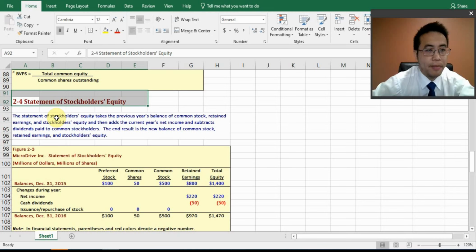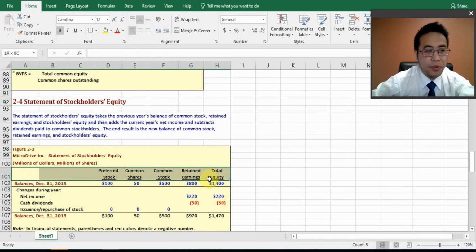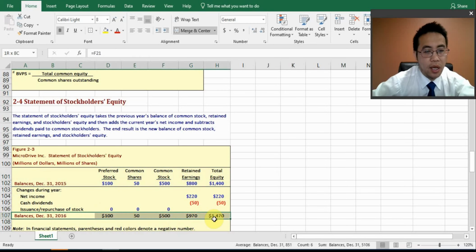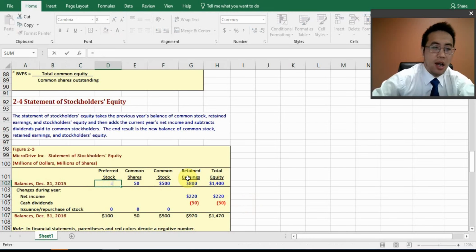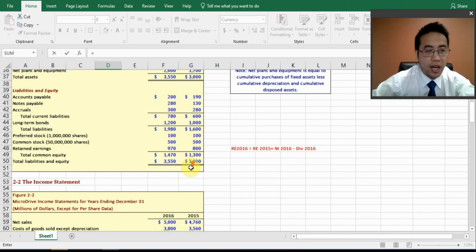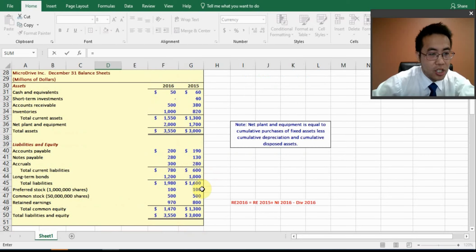Now let's work on the statement of stockholders' equity, and it comes from all the equity items from the previous year, and then all add up to the items in the new year, or the current year of 2016. And for the preferred stock in the previous year, I will still link this cell to the previous financial statement in the balance sheet.